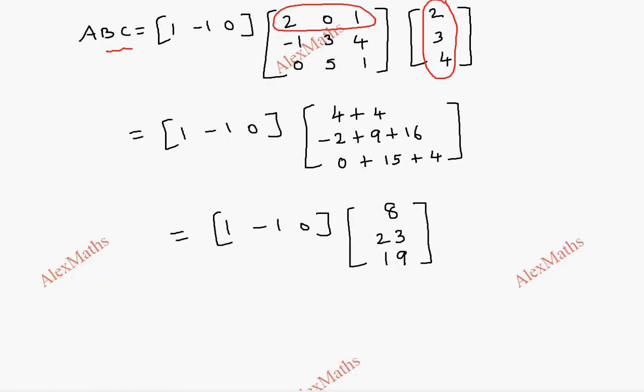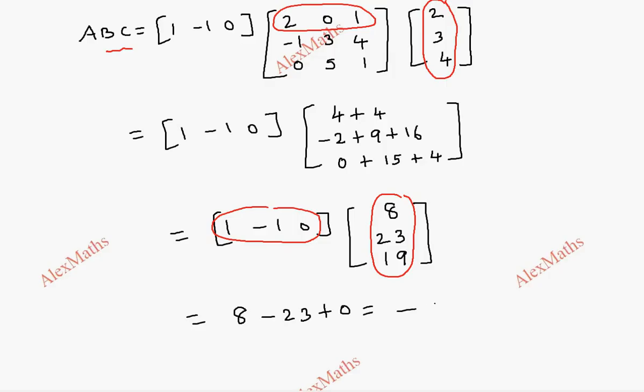So once again we take the first row and multiply the full column with corresponding elements, and that will be 8 minus 23 plus 0, which we get minus 15, and this is in the matrix, and we get one element, minus 15.